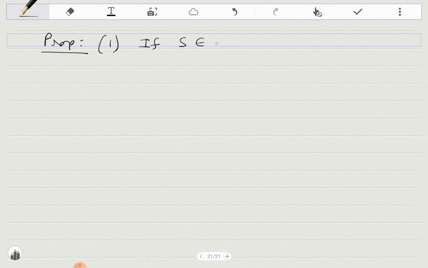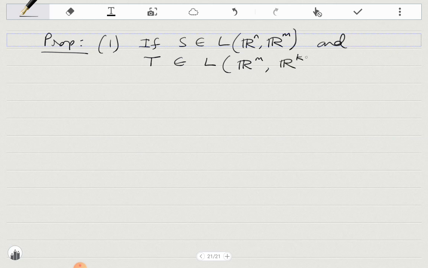If S belongs to L(Rn, Rp) and T belongs to L(Rp, Rm), then the norm of TS is less than or equal to the product of the norms. In other words, if I'm able to compose two linear transformations, then the norm of the composition is less than or equal to the product of the norms.